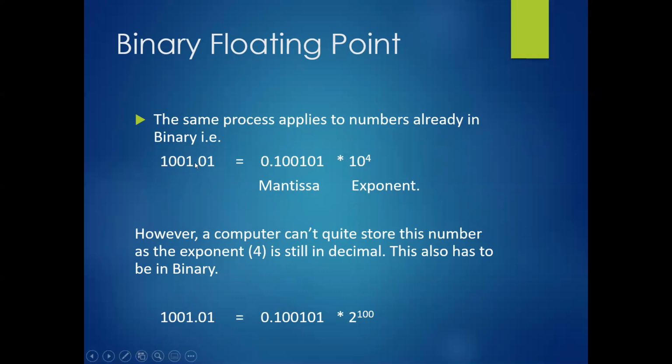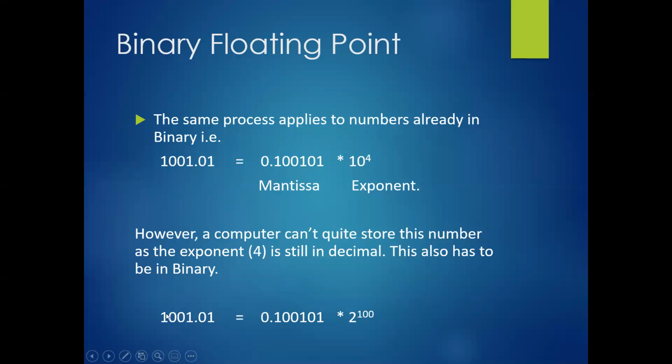And we've got the mantissa. We've moved the decimal point 1, 2, 3, 4 spaces to the left, and it gives us this, the mantissa, all the other digits, times 10 to the power 4. But that 4 is a bit pesky because computers can only store binary numbers. So we have to take the exponent and translate that into binary as well.